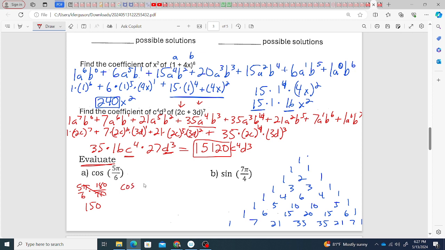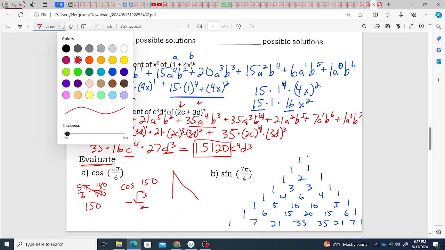So what is cosine of 150 degrees? Well, if you got your chart, you should just be able to look it up. It's right there. Okay. Cosine is the first value. It is negative square root of 3 over 2. Done. Now, if you don't have that, well, let's draw it out real quick.